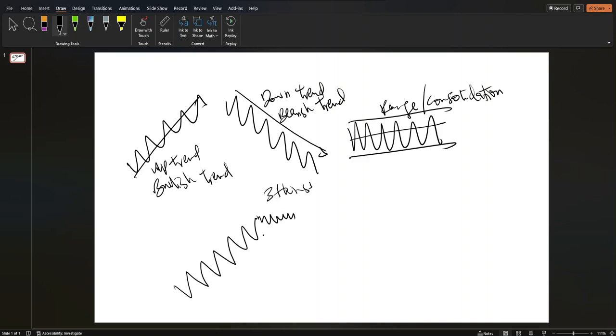So at any point you find price, there are only three things price can do: continue or go up, go down, or just hover around, consolidate, range. So these are the basic principles around that. That's the first thing: the concept of price movement.